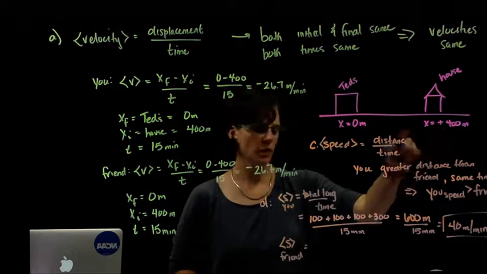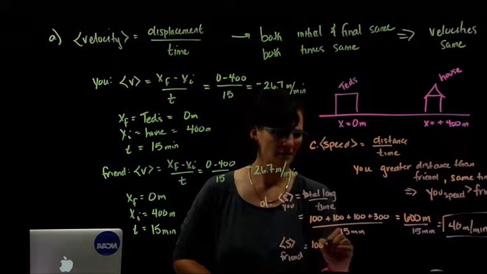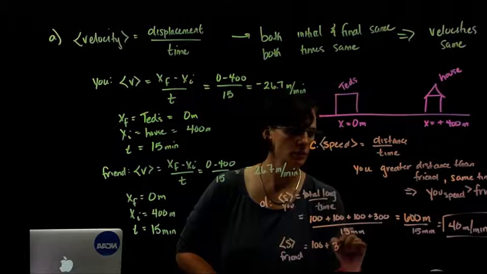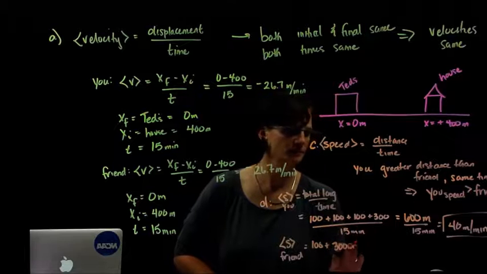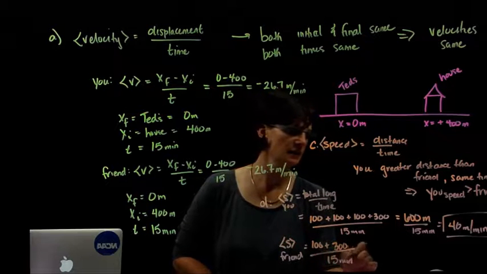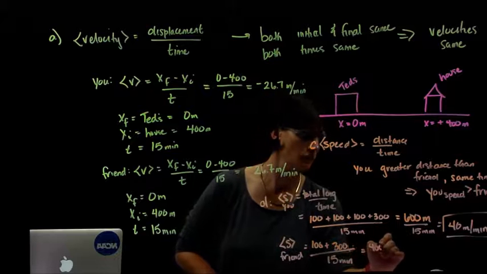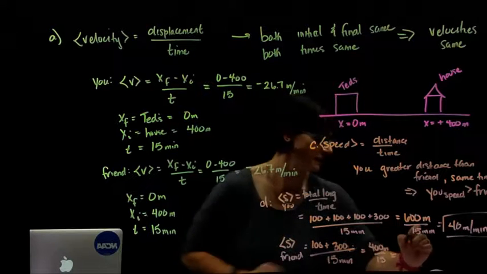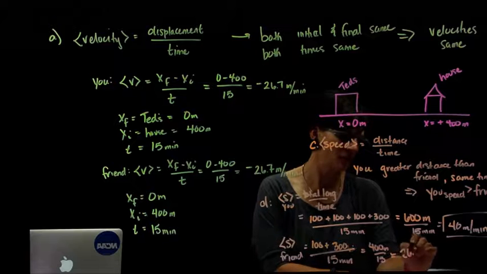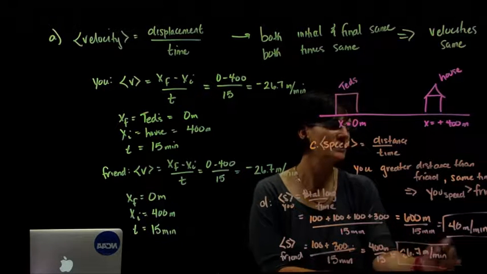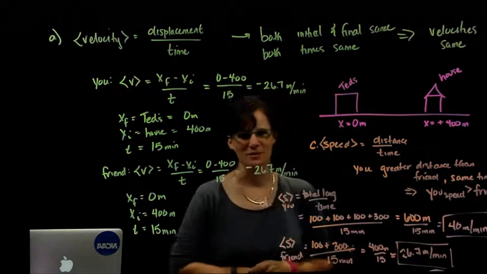They traveled the 100 meters. Then they hung out and waited for you. And then they went on with you in that next length of 300. They did that all in 15 minutes. So we have 400 meters in 15 minutes. And that gives us 26.7 meters per minute, which is less, just like we said.